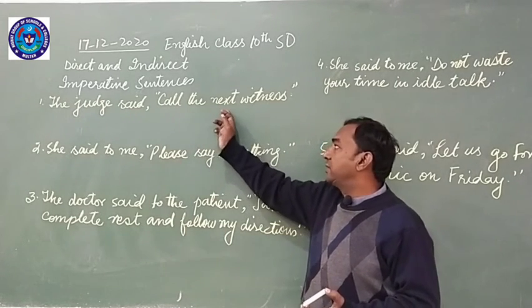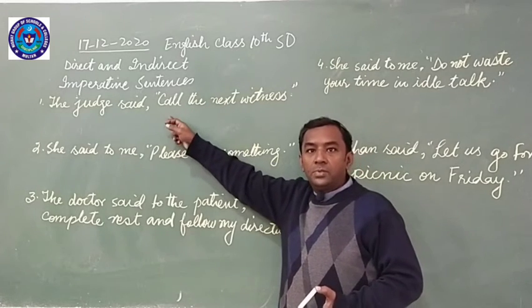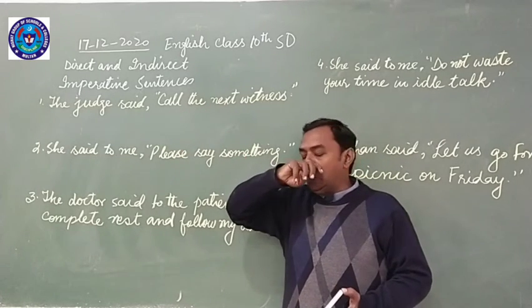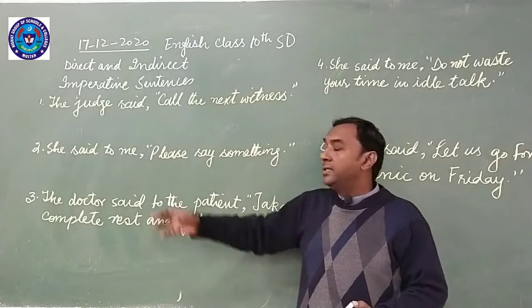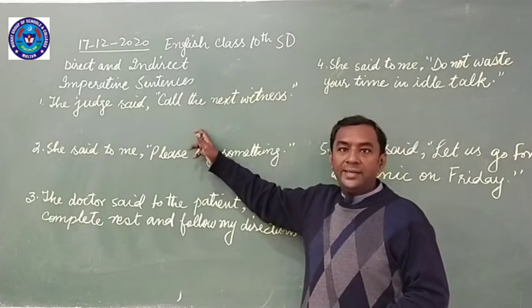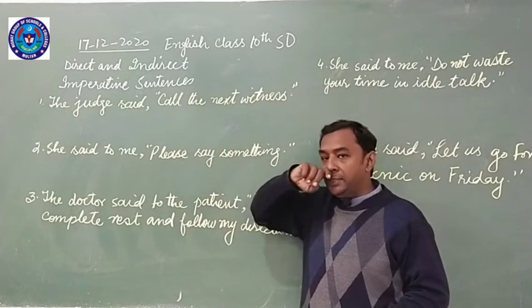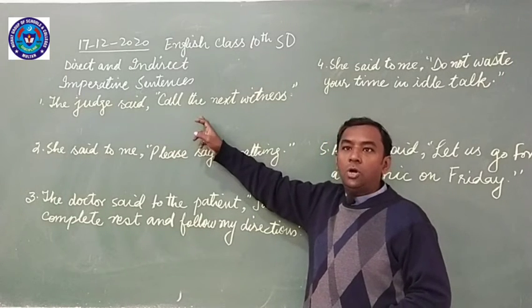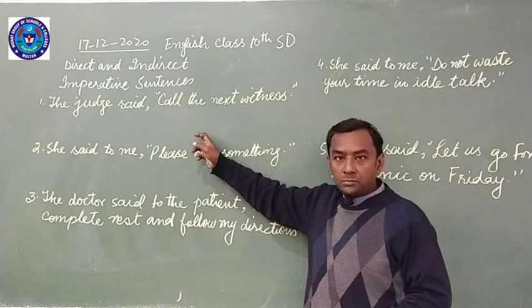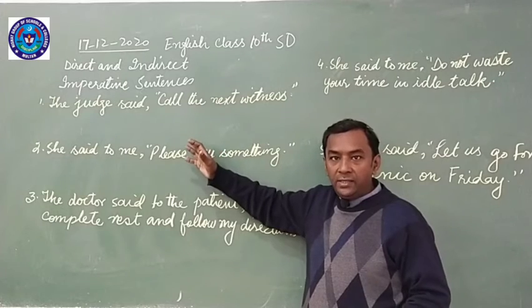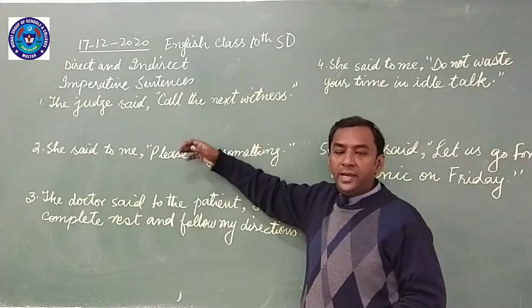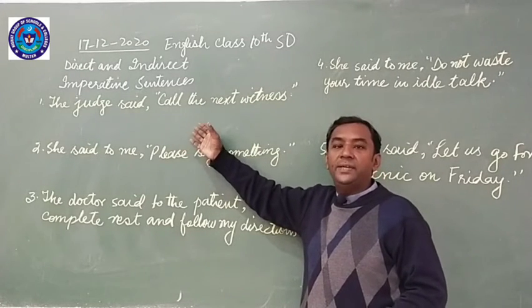Call the next witness. This sentence starts with the verb. So the first thought in your mind should be that this is an imperative sentence. And the second should be that there is an ordering sense in this sentence.